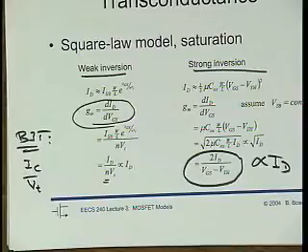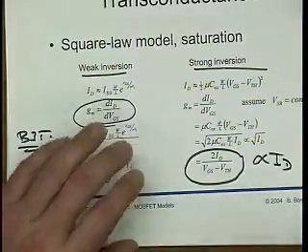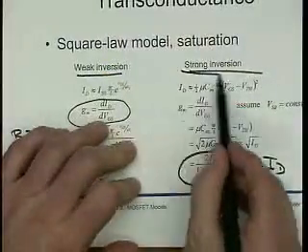Revolutionized the world. They always thought that bipolars had more transconductance, but this equation says I just have to make VGS minus VTH small enough, and then I beat bipolar by a long shot. Why doesn't that work? Well, it's very simple.